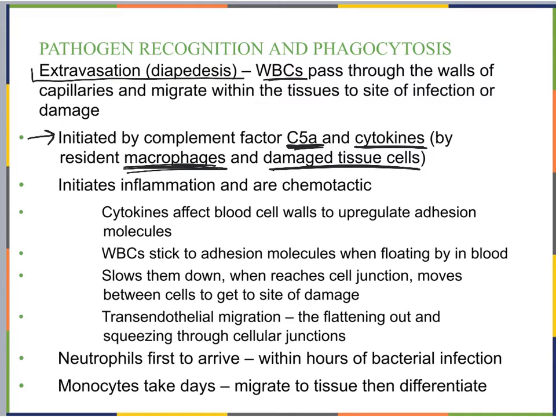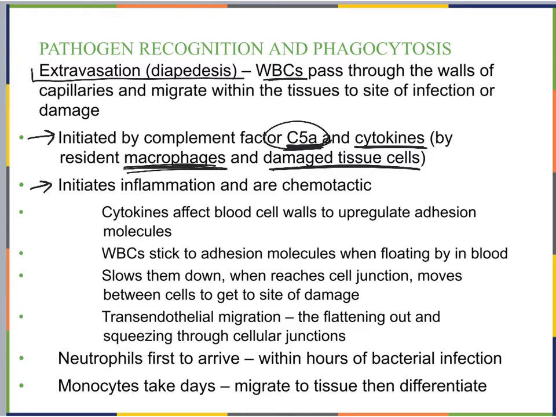Remember, those are chemical messengers. So they release cytokines, and we also have the C5a being released. That is going to initiate inflammation. Remember, C5a is part of the complement system. A lot of those initiate inflammation.